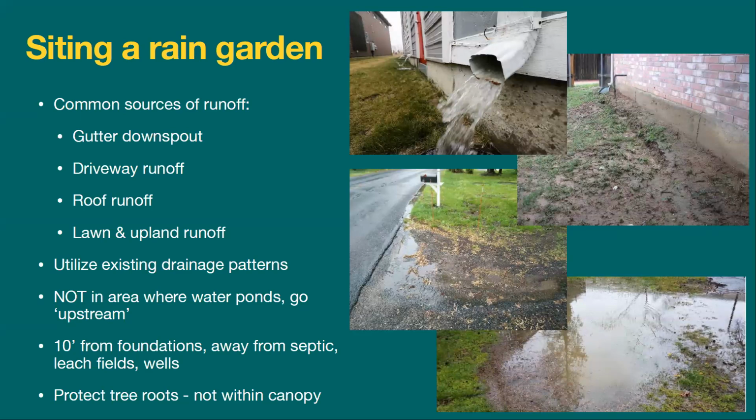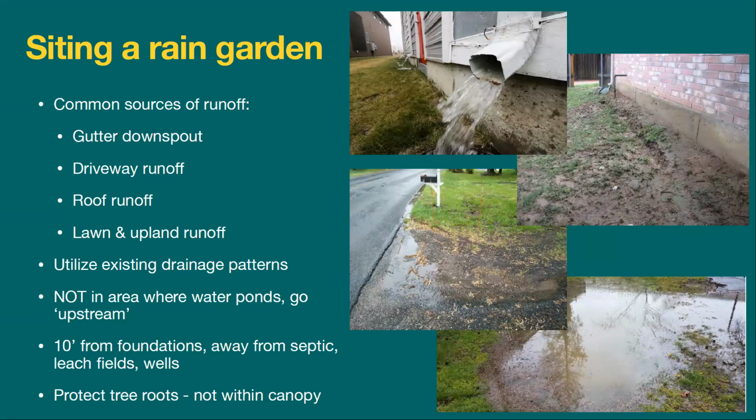So try to capture and infiltrate runoff upland, as close to the source as possible, like the roof runoff. Maybe instead of siting a rain garden at the bottom of a driveway, you put in a couple of water bars and capture it a little higher up. That can also prevent loss of your gravel and road surface material because it's intercepting that flow of water. It's slowing down the velocity and the quantity of water.